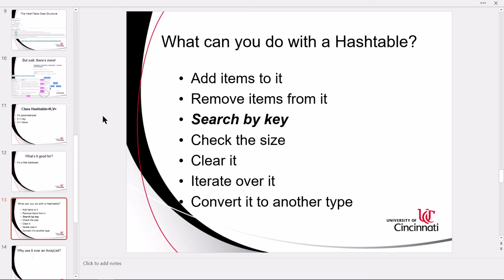Is there even a concept of a first element? Can I convert it to another type? Once I'm done with it, can I convert it to an array list? Can I convert it to a vector or a set or just an array? And the answer to these questions would be found in the documentation and in your searching skills online, but that's the way that we generally try to relate to a data structure: what can we do with it?